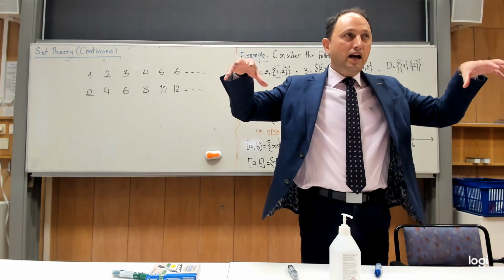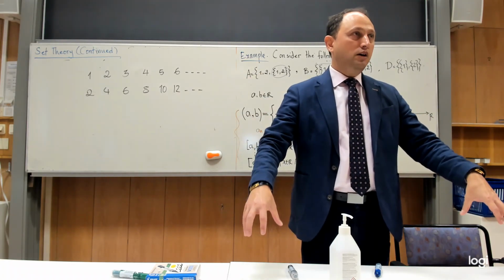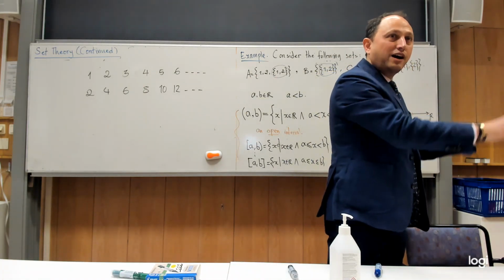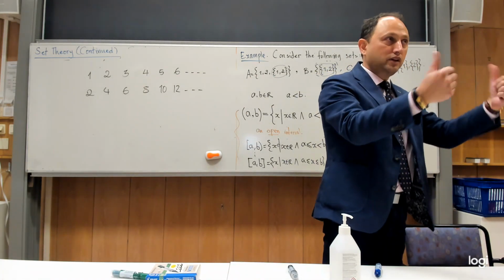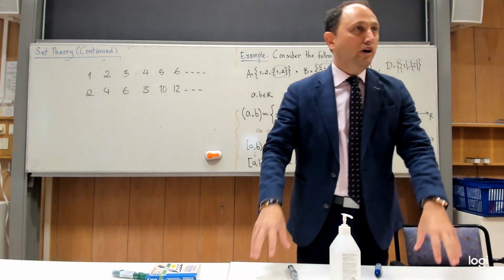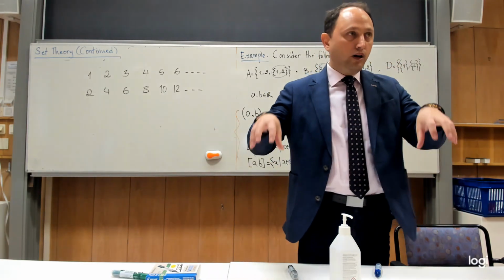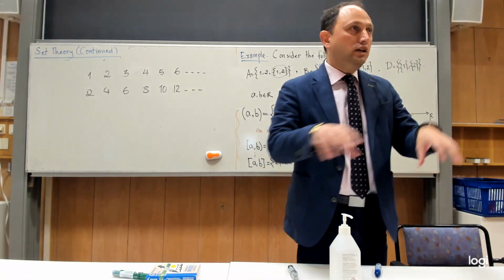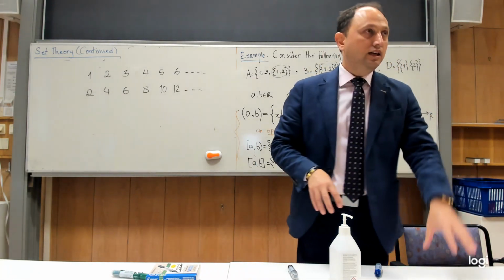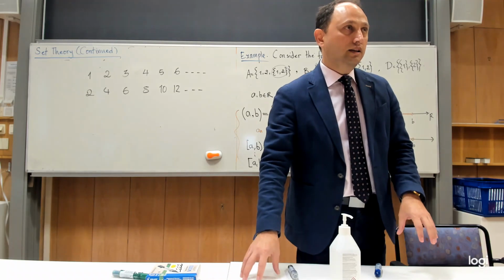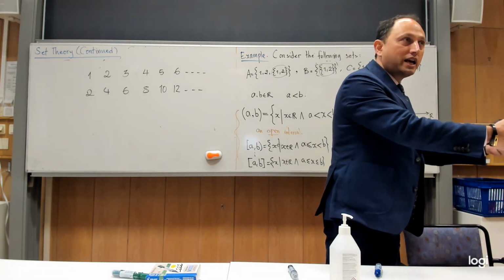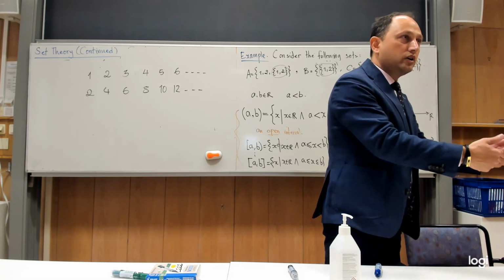I put my hands in both of them, take one from here and one from there and put them aside. I'm not counting. I am corresponding marbles together. Then I pick one more from each and put them aside. If it continues until nothing is left here and nothing is left here, then I haven't counted the number of elements, but I am sure that the number of elements is the same.